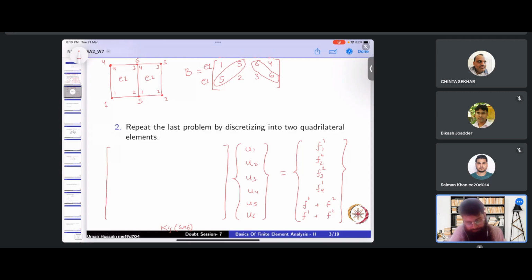The node number. It's the local node number for each element.